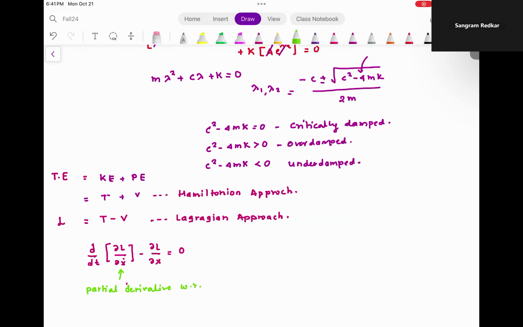This is the partial derivative with respect to positions. And this is the ordinary derivative with respect to time.